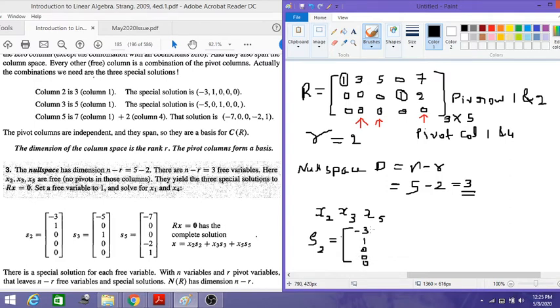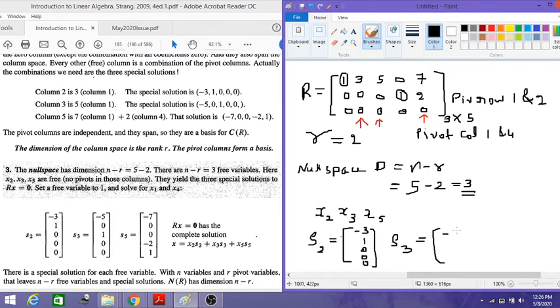In the previous tutorials we talked about how to find the special solutions, but I'll give you the introduction to that. We have 3 free variables, so make one free variable 1 and the other variables 0, bring it to the right side, and the pivots should match it, and the scalar values of the pivots give the special solution.